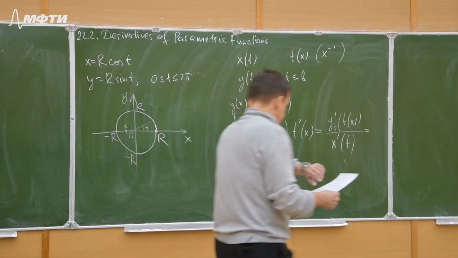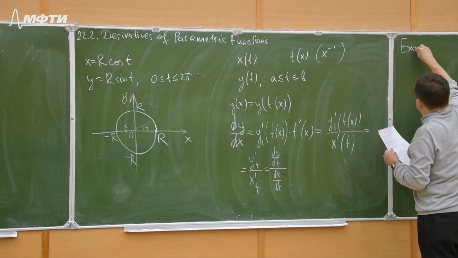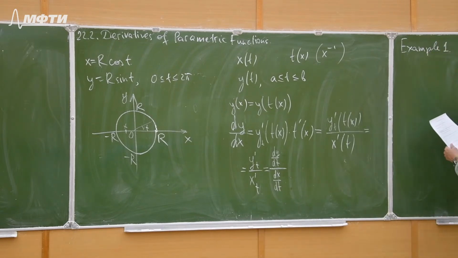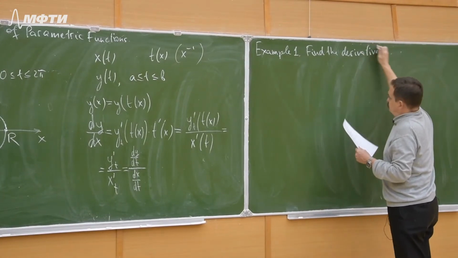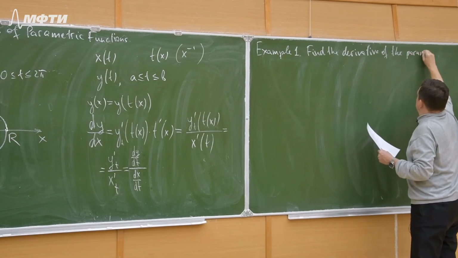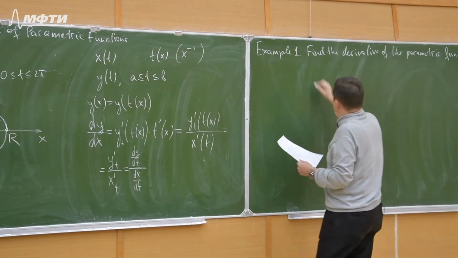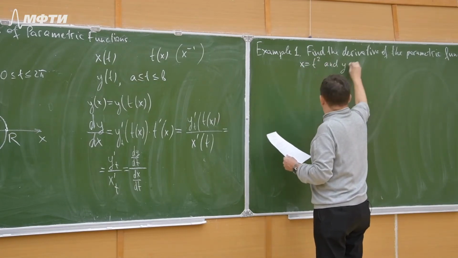So, a couple of examples. Example 1. Find the derivative of the parametric function x equals t squared and y equals t cubed.